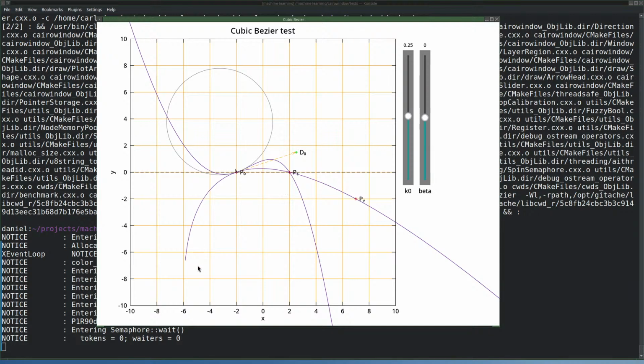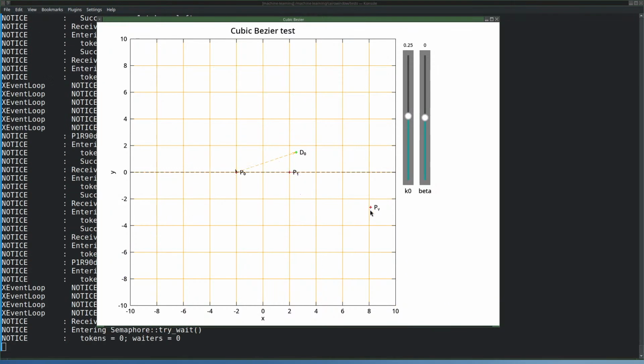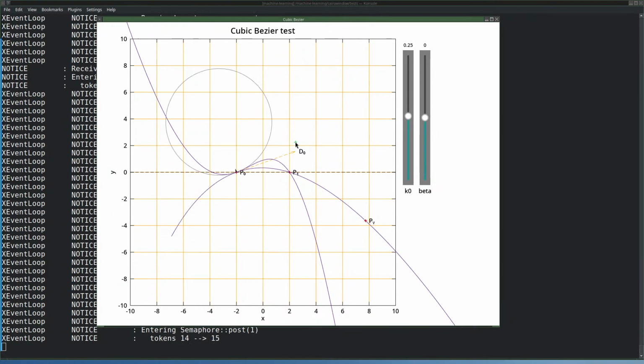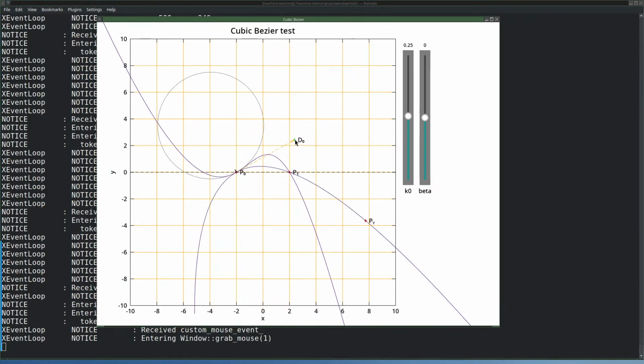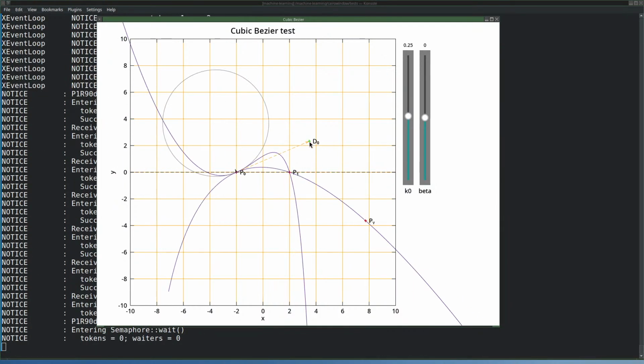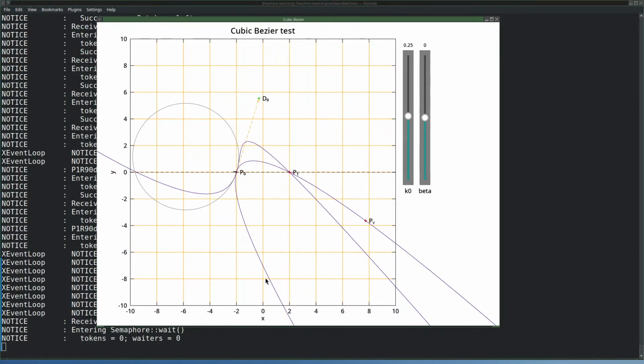This is again a quadratic Bezier, and it is going through 3 points, P0, P1, and now P gamma. And the direction is fixed. The direction is wherever D0 is pointing. So it's really a parabola. This is a rotated parabola.